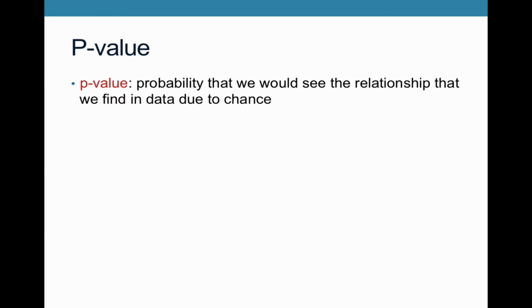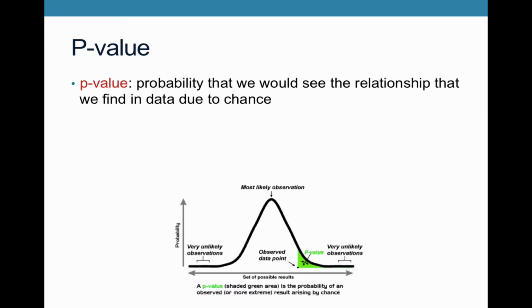Thinking about the p-value a little bit more, let's go back to the normal curve that we've talked about earlier. If the null hypothesis is really true in the real world, meaning that there's no difference between treatment and control, that the flu vaccine did nothing, then the most likely result that we would see is no difference, right around here.